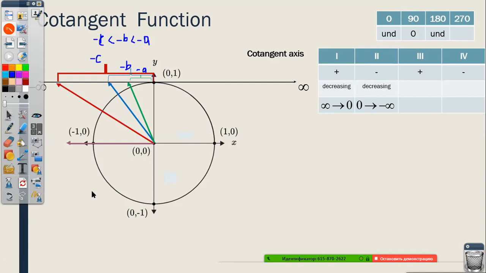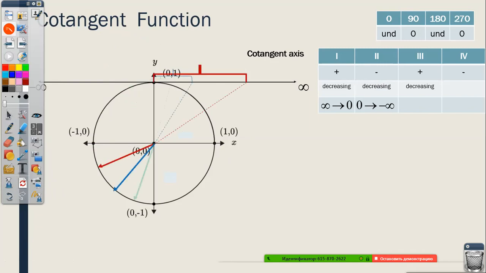Now let's see the third quadrant. So again, in the third quadrant, the first angle can be 210, for example, 225, and it can be 240.